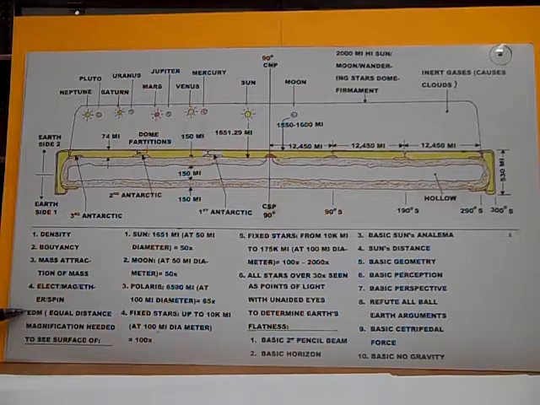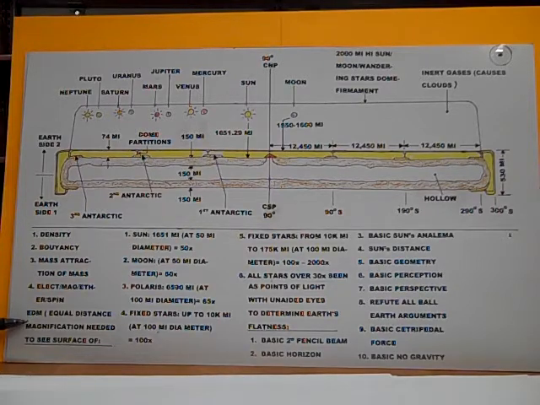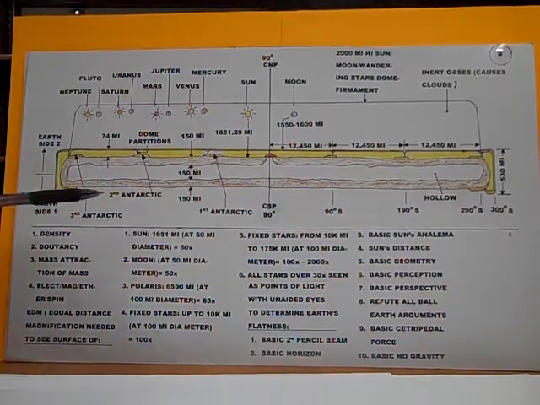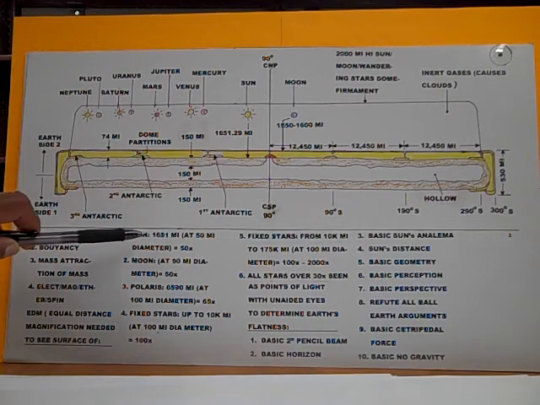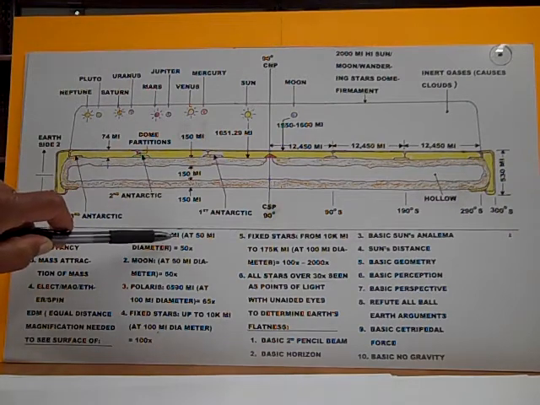Now, we'll go to equal distance magnification. That's needed to see the surface of the sun, moon, stars, and so forth. How powerful is the magnification needed to see the surface of the heavenly objects up there in the sky? Number 1, the sun is 1,651 miles away.